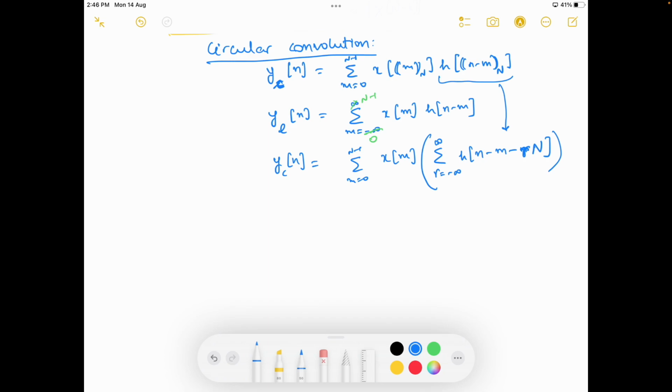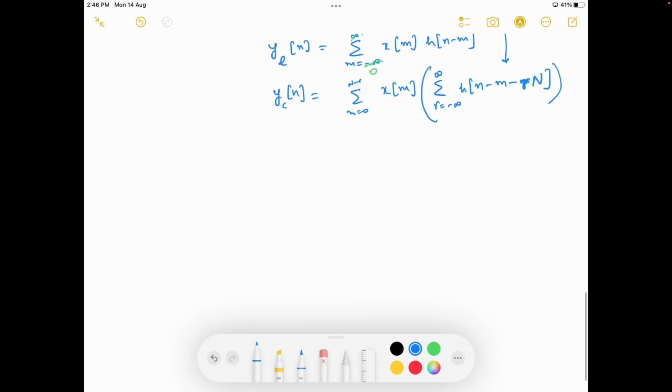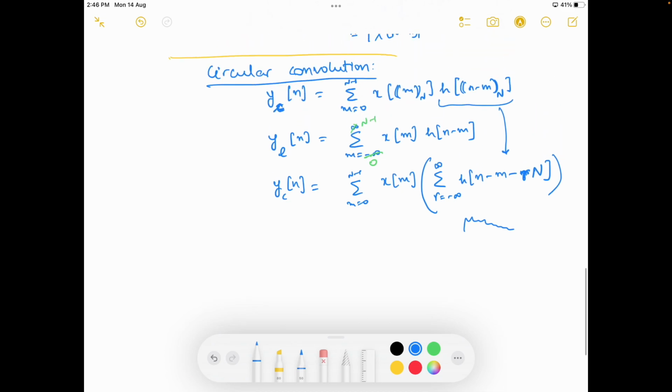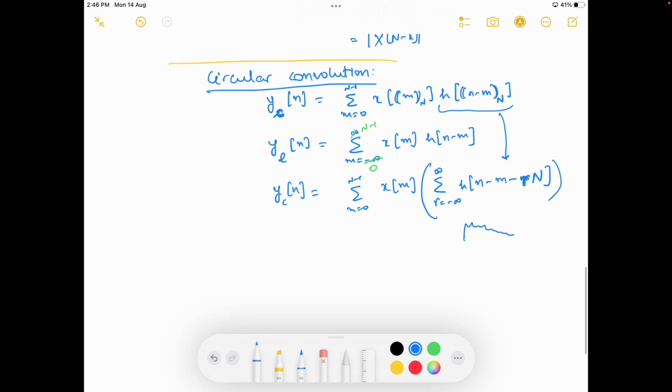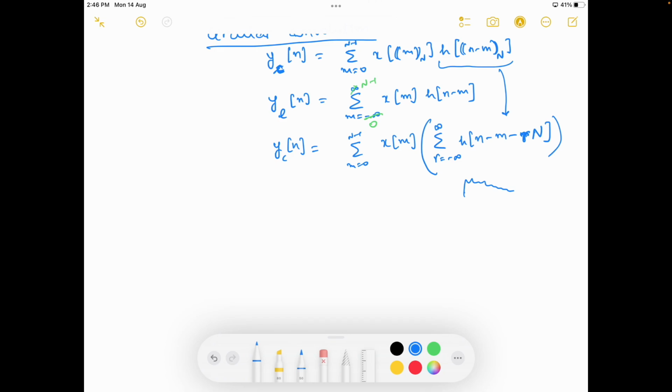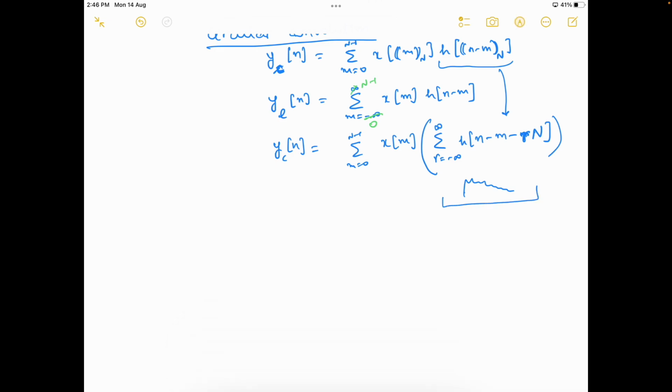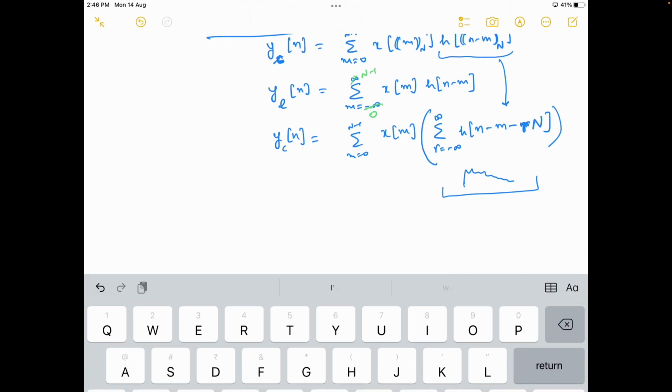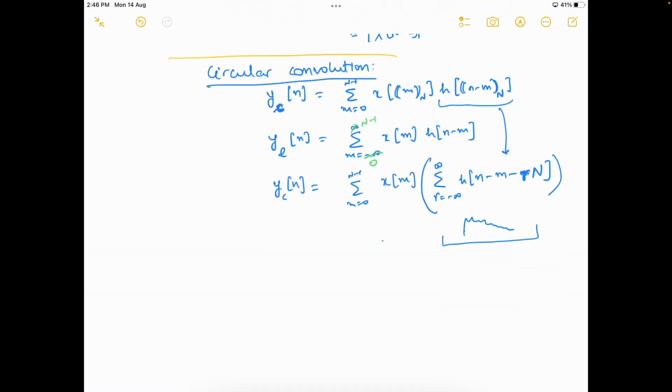Let's say my original h of n was something like this. When I take modulo, this window is moving, right? It's getting reversed and moving. But if I want to take modulo, then within this window this will move, but whenever this goes out, something else will enter. So let me add that thing which enters also.